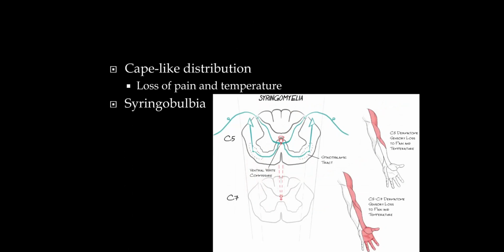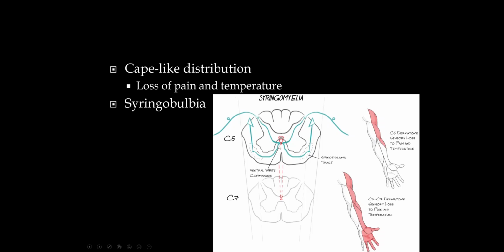So syringomyelia almost always first involves the crossing pain and temperature fibers right here, the ventral white commissure. So notice this is coming from both arms. They cross right here. And so if the lesion starts in C5, which would be a common place for this to start, then patients will have a loss of pain and temperature in bilateral C5 dermatomes.